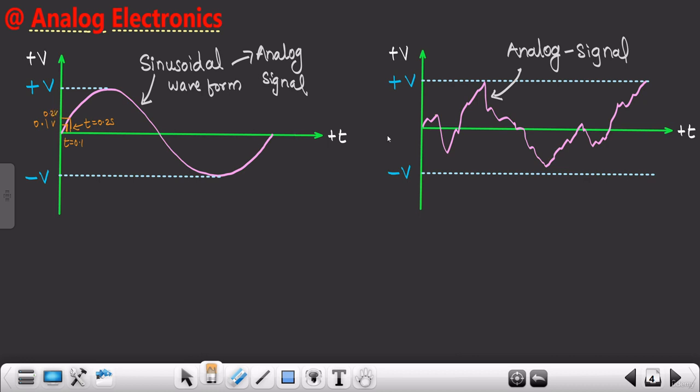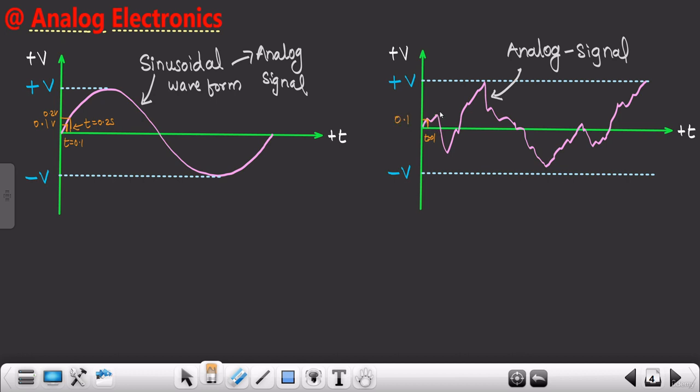On a similar note, for this other waveform, let's suppose that at t equals 0.1 second, the voltage is maybe 0.1 volts only.